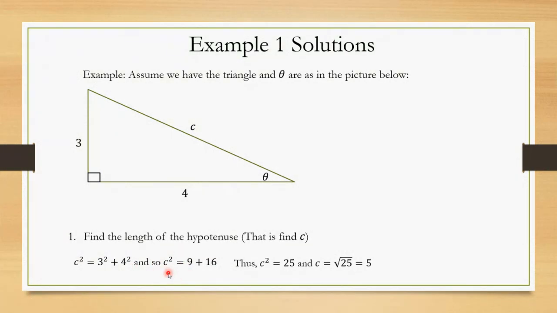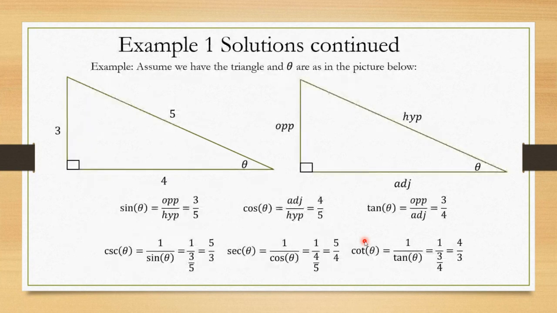So c squared is 9 plus 16, which is 25. That tells us c is the square root of 25, which of course is just 5. So now that we know that side, we can get all the trig functions here.